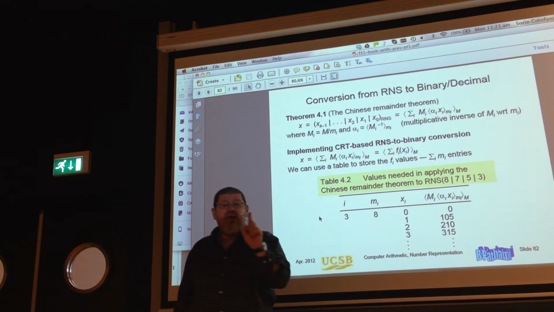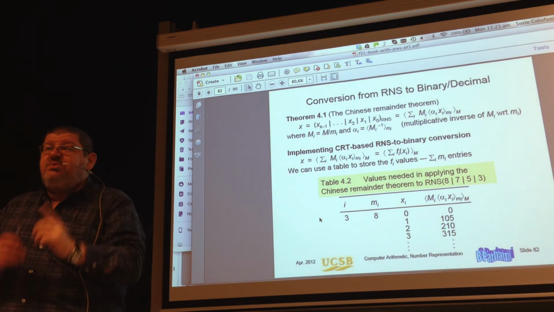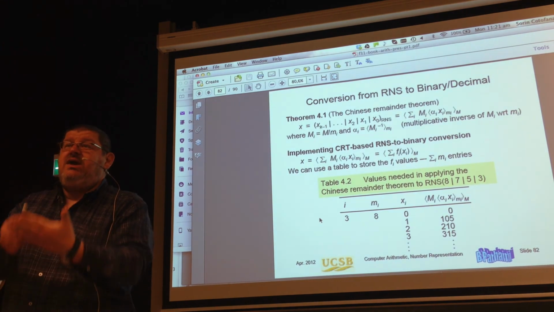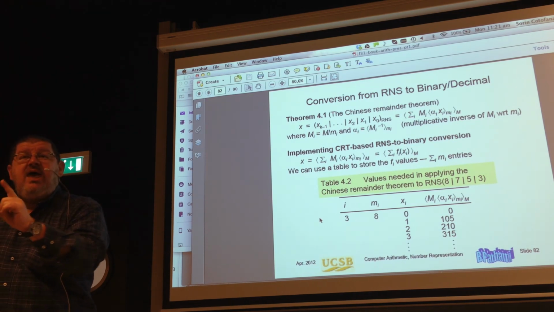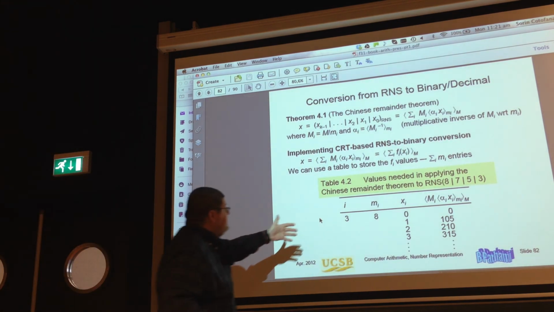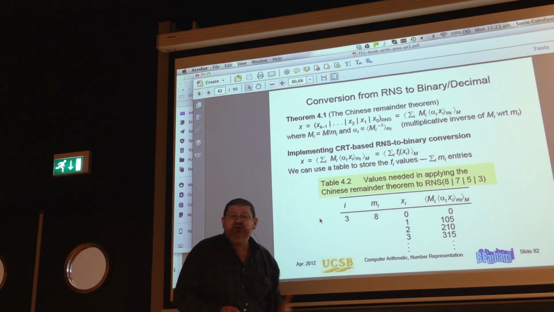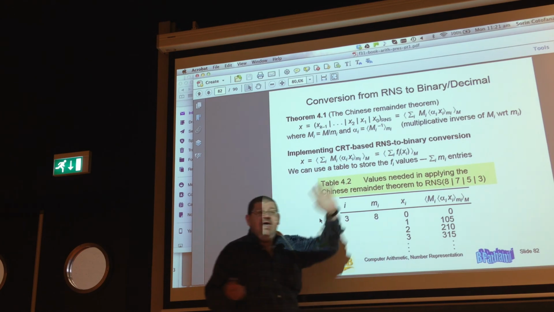X is my digit, my RNS digit. But also that one is fixed. If my mi is 8, x can be from 0 to 7. And I can include all of those in this table. Then everything that I need in order to evaluate that, I have it in a table.